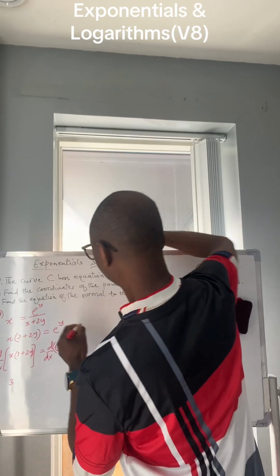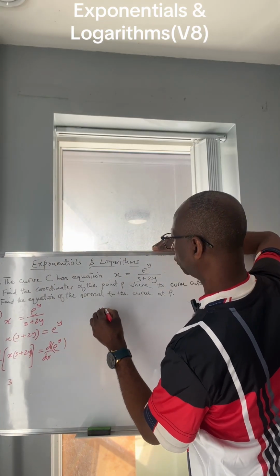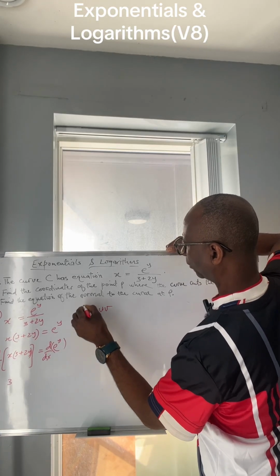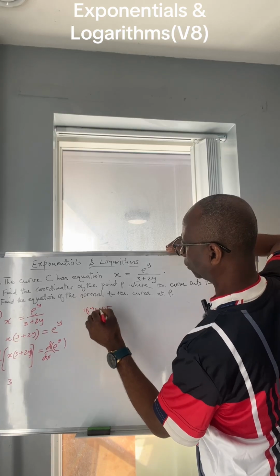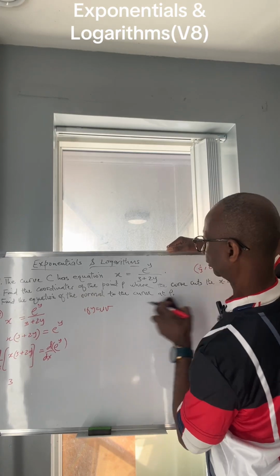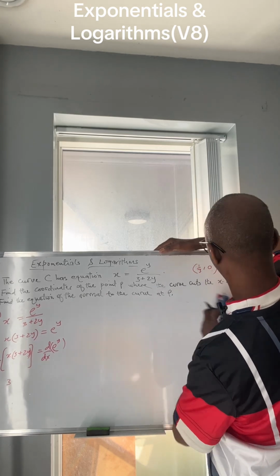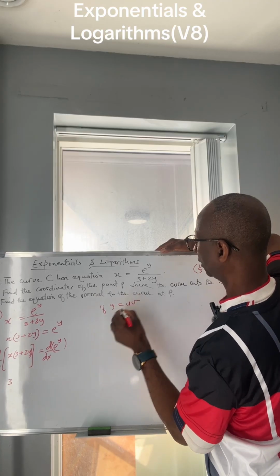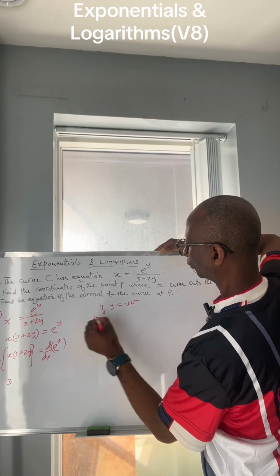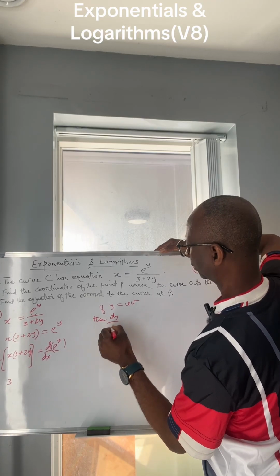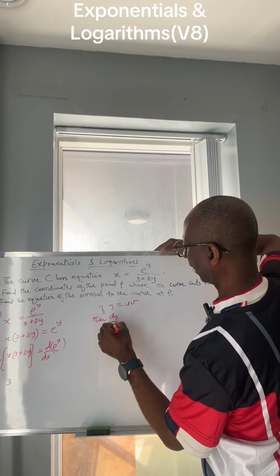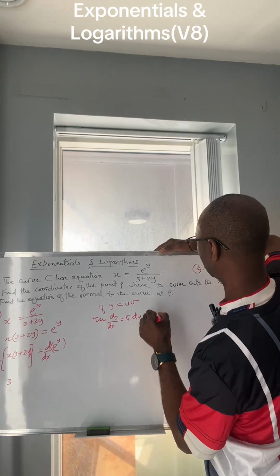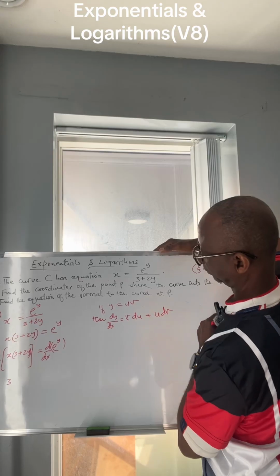If y equals uv, then dy dx equals v du plus u dv.